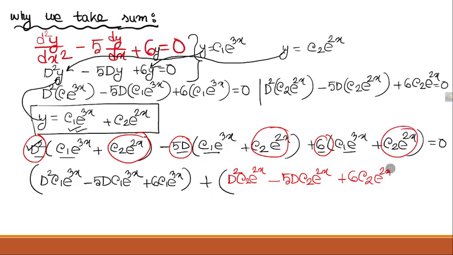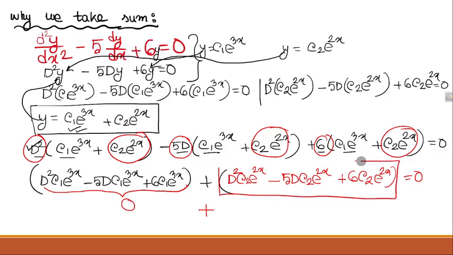Now see carefully what the value of this term is. You will see the value of this term is equal to 0, right? You can see that this is 0 and this is equal to this, so it's 0. Then what is this?